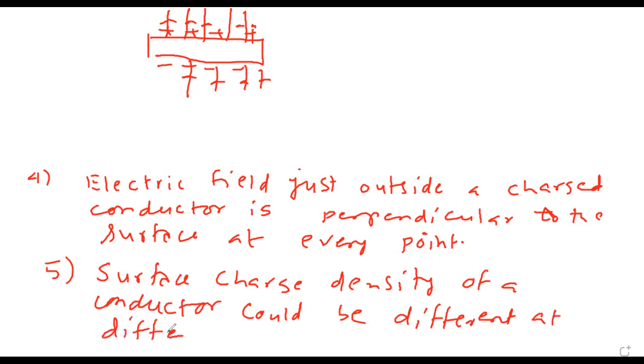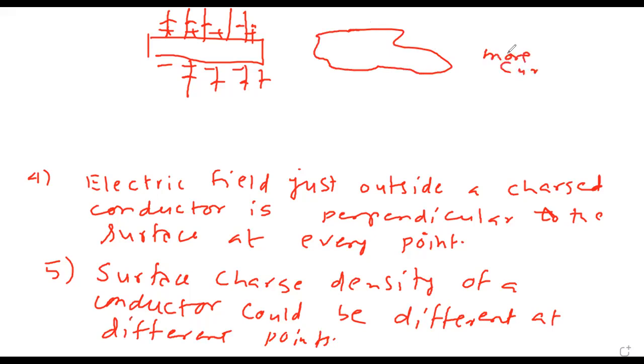The meaning of this: if the surface is irregular, then the more curved part will have more concentration of charge and the flattened part will have less. Therefore, charge per unit area may not be the same throughout. Only if it is uniform, then it is the same throughout.